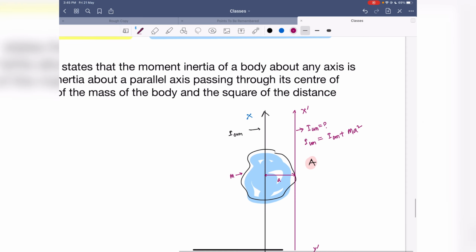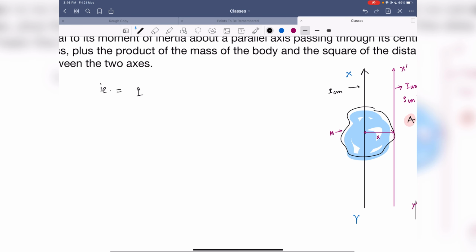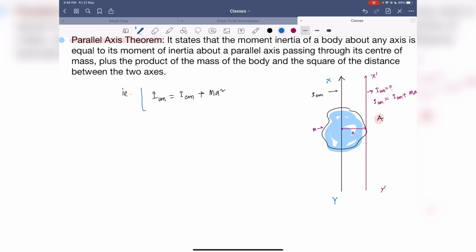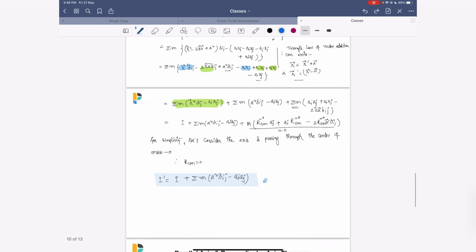This is what the parallel axis theorem is trying to tell us. That is, I unknown is equal to I_CM plus m a square, where m is the mass of the body and a is the distance between the two axes. Now we are going to prove this relation using the transformation of the moment of inertia tensor.